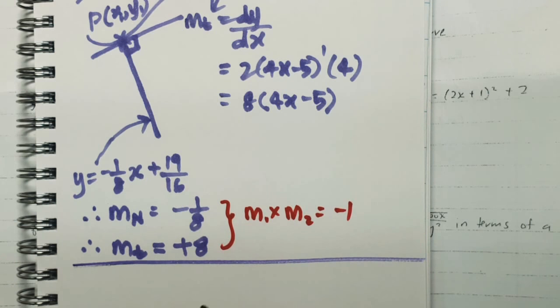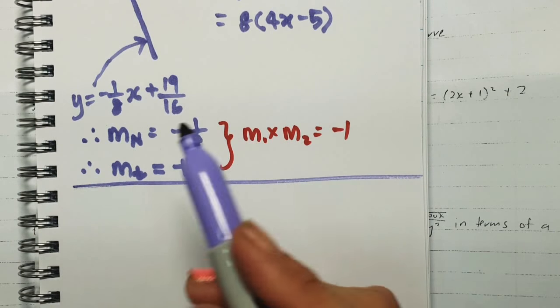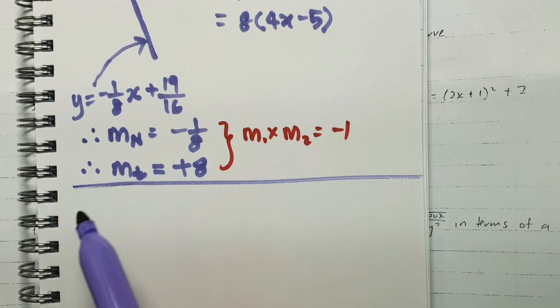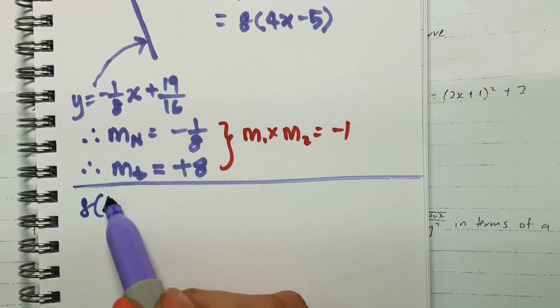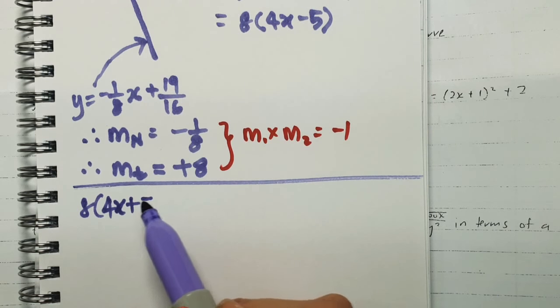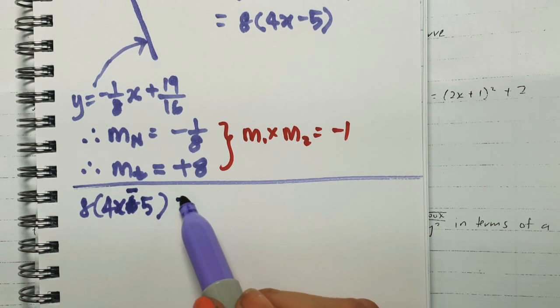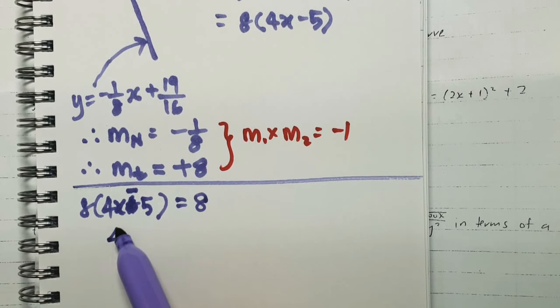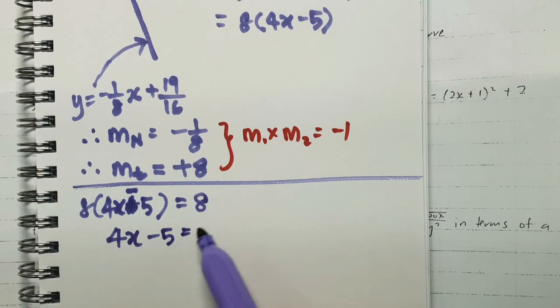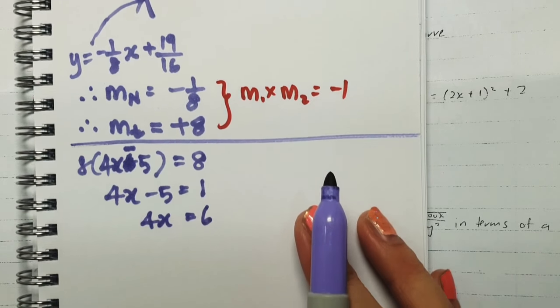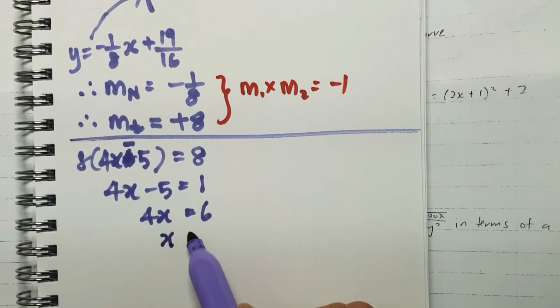So we know the gradient of the tangent is 8, and it is found to be 8 times 4x minus 5, so 8(4x minus 5) equals 8. Therefore, 4x minus 5 equals 1. So 4x equals 1 plus 5, which is 6. Therefore, x will be 6 over 4, which is 3 over 2.